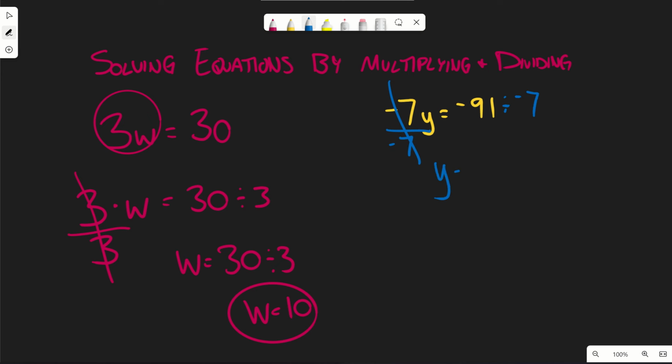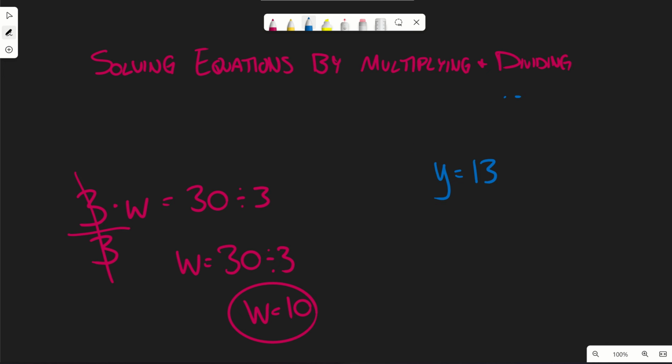Now, following my integer rules, negative divided by negative is positive. 91 divided by 7 is 13. So y here would equal positive 13. Okay, so this is very similar to what we've done before. This is just now multiplication and division.